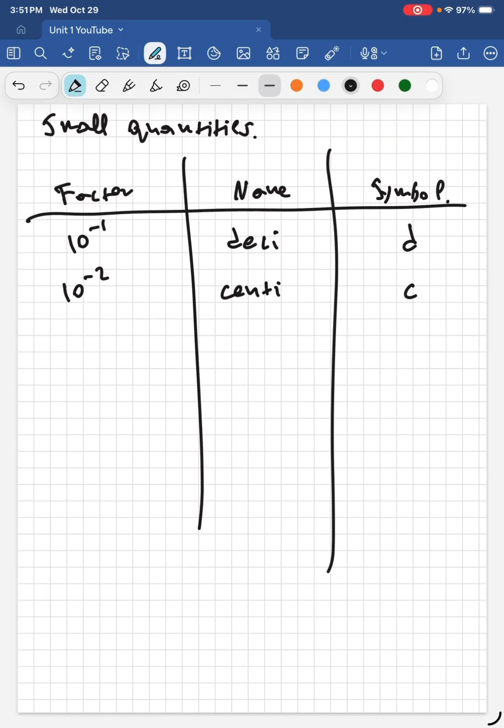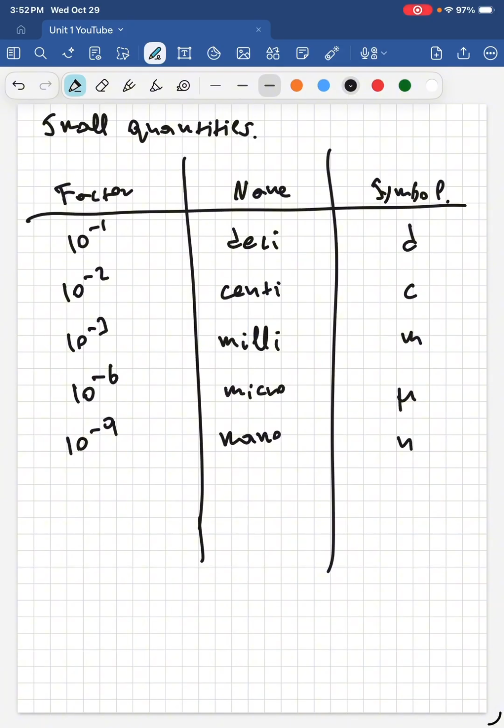Then 10 to the negative 3, the name is milli, symbol is m, 10 to the negative 6 micro, and the symbol is the Greek mu, okay? 10 to the negative 9, the name is nano, and the symbol is n. 10 to the negative 12, the name is pico, lowercase p. 10 to the negative 15, the name is femto, and lowercase f is the symbol.